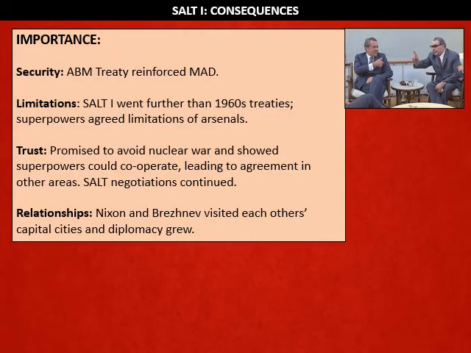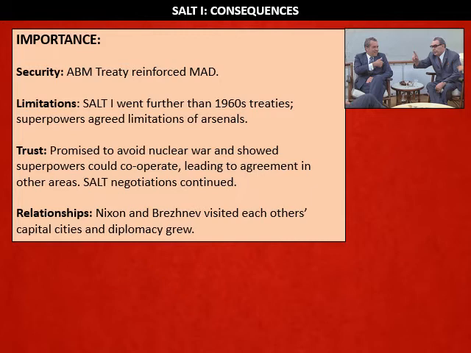The Cold War unit of work focuses on consequences in its questions a lot, and importance. So let's spend a few moments analysing the importance of SALT I. The treaty increased security by reinforcing mutually assured destruction.